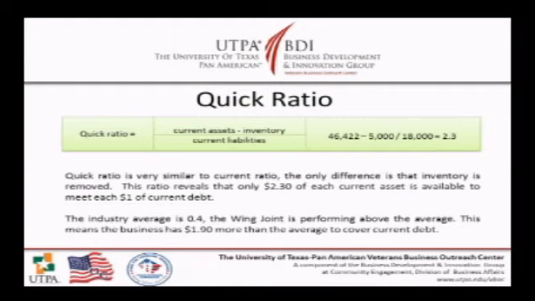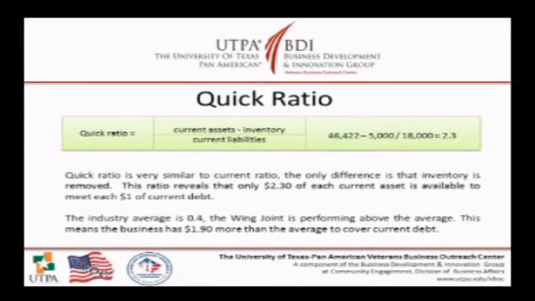And your current assets, $46,422 minus your inventory, which is $5,000, divided by your current liabilities, which is $18,000, equals 2.31. And basically this ratio reveals that only $2.30 of each current asset is available to meet $1 of current debt.